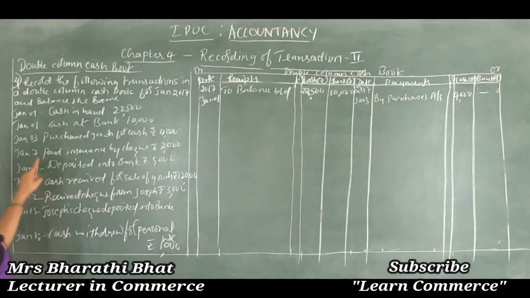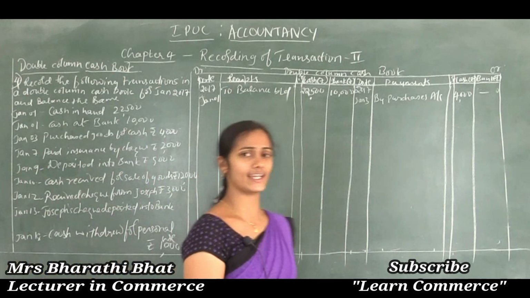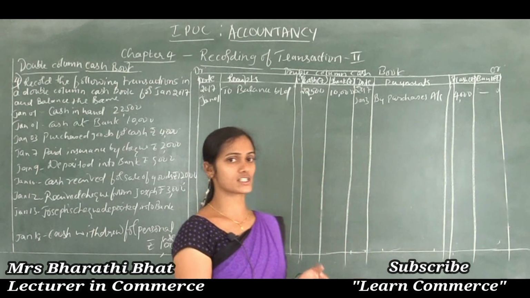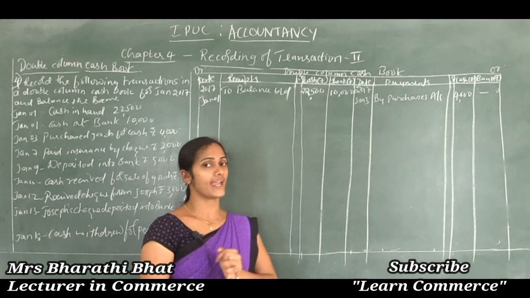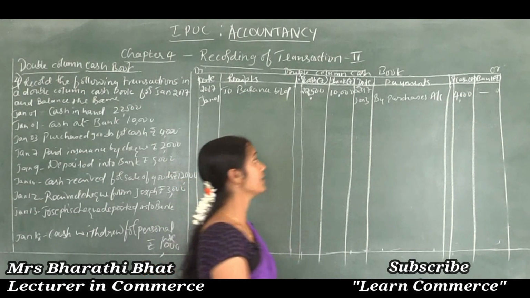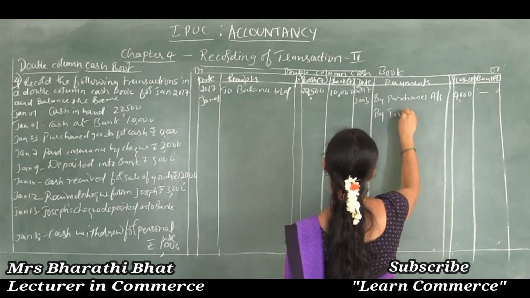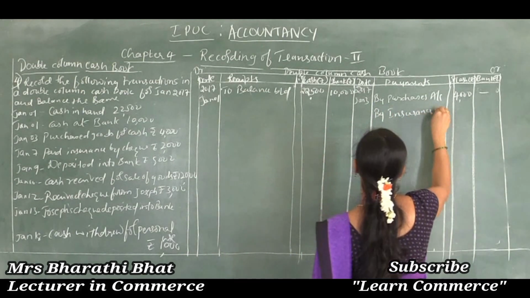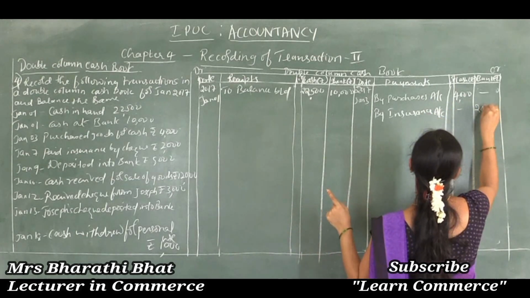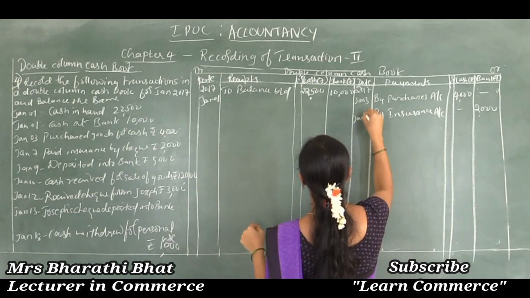And the next one, paid insurance by check. Insurance payment or any other expenses, traveling expenses or refreshment expenses, all these are considered expenses. That's why we should record under credit side, that is under payment side. So by insurance account, that is by check, 2,000 in bank column and Jan 7 in date column.